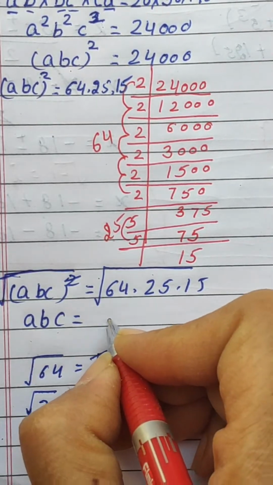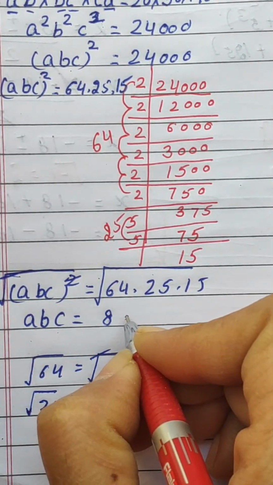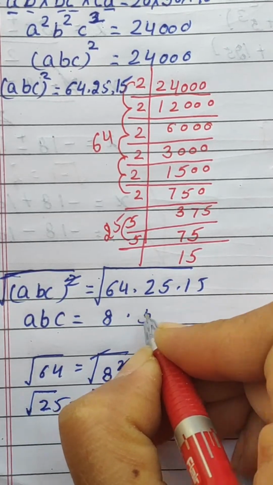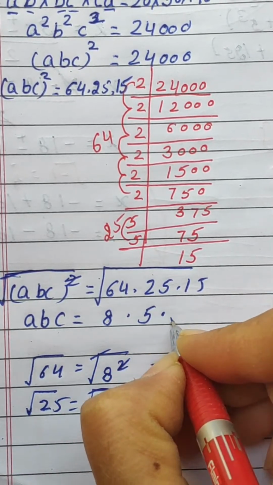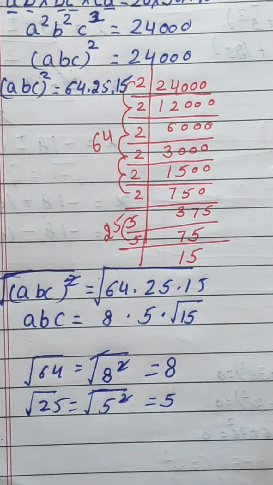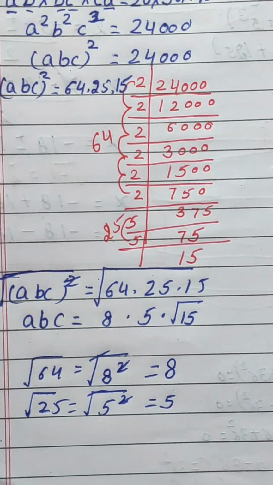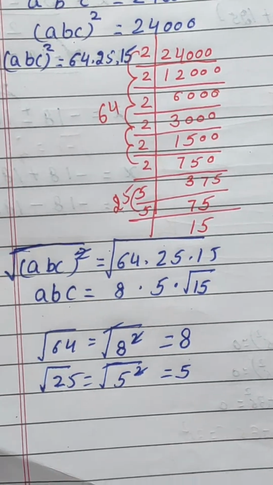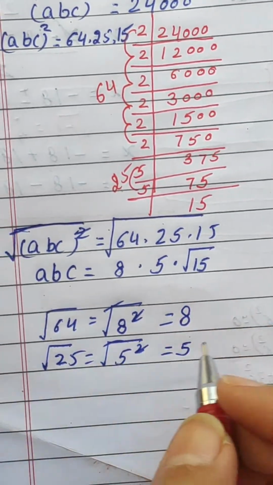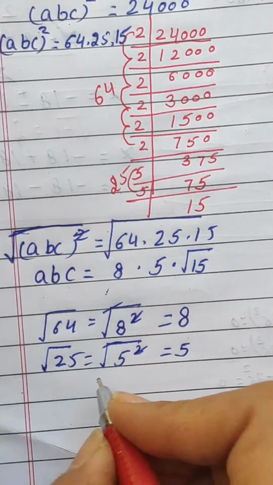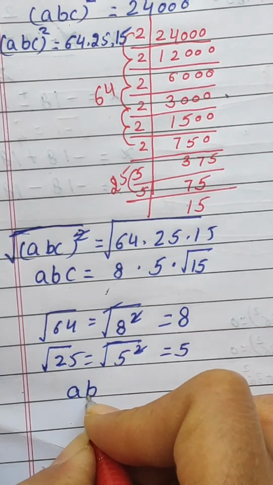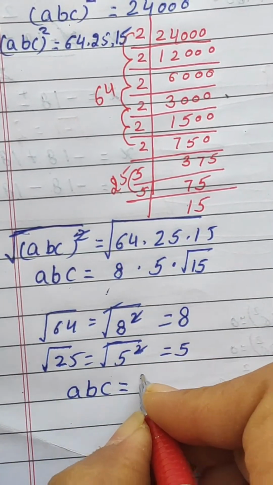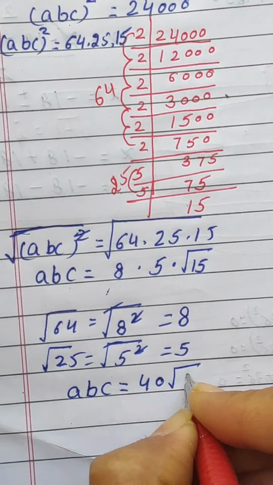So here we can write 8 multiplied by 5 multiplied by root 15. Right? I hope you understand this. So when I solve this, A, B, C is equal to 8 fives are 40, square root 15.